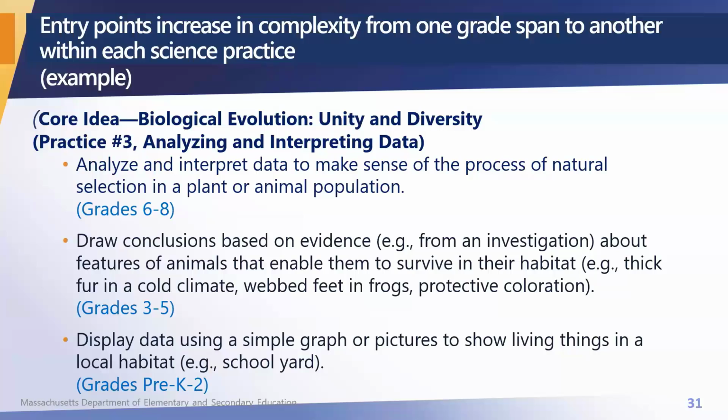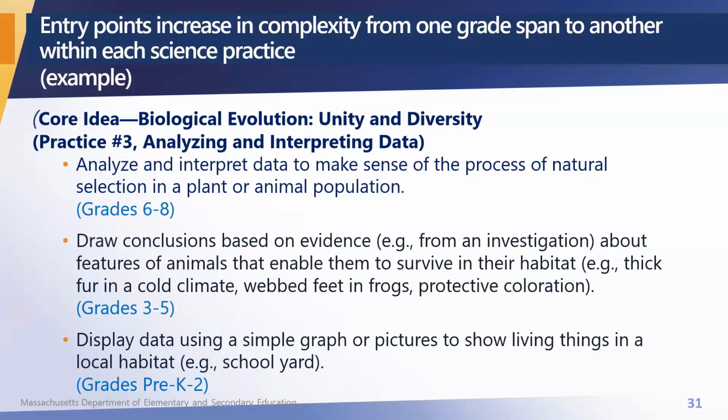But I can also go down to 3 to 5 within that same practice 3. Draw a conclusion based on evidence from an investigation. The kids love the investigations about features of animals that enable them to survive in their habitat. For example, thick fur in a cold climate, webbed feet in frogs, protective coloration. That's grades 3 to 5.